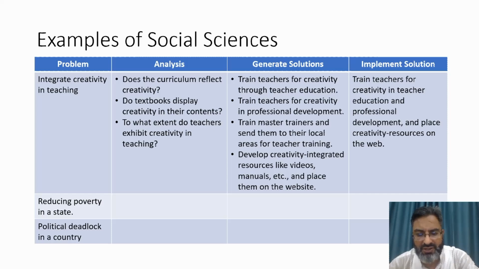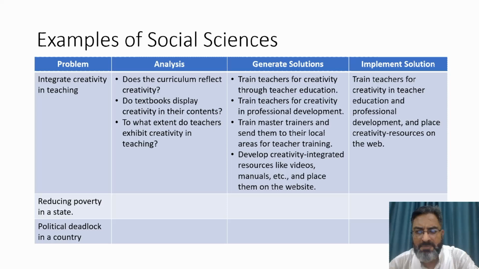And then in service, we can train the teachers in professional development. The third possibility could be that you train master trainers and send them to local areas for teacher training. And the fourth, you can develop some creativity-integrated resources like videos and manuals, and then put them on the web.